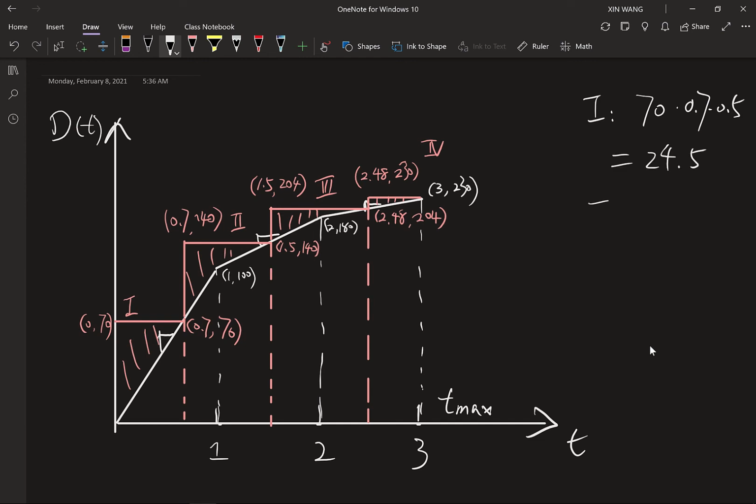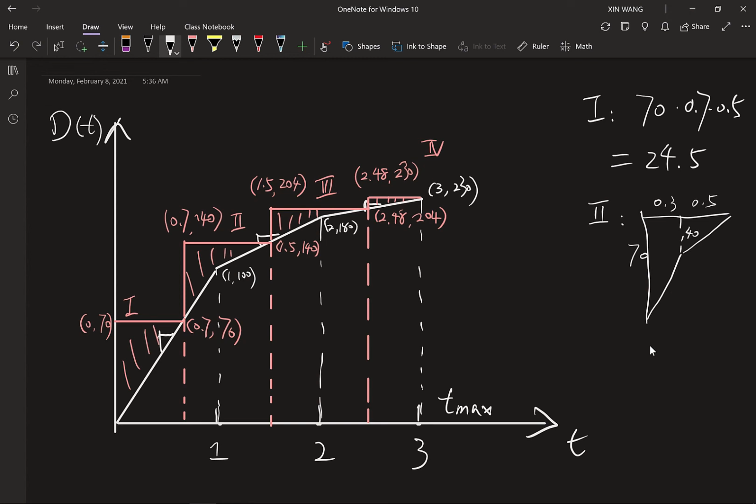And then let's see the second area. The second shaded area is a concave triangle. So we can try to decompose it into 2 parts. The left one is a trapezoid. The right one is a small triangle. From the points, we can obtain the edge for this one is 70. For the middle one is 40. And then the edge for the top 0.7 and 0.5.